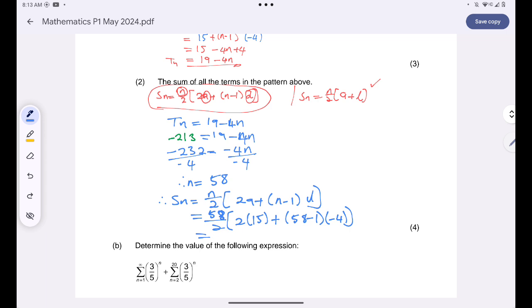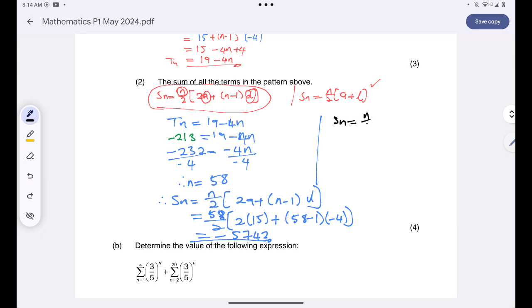Let me check. I'll simply get negative 5,742.